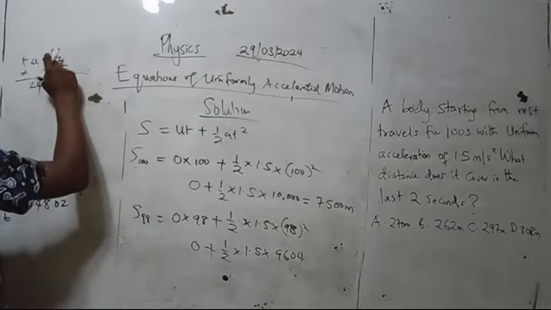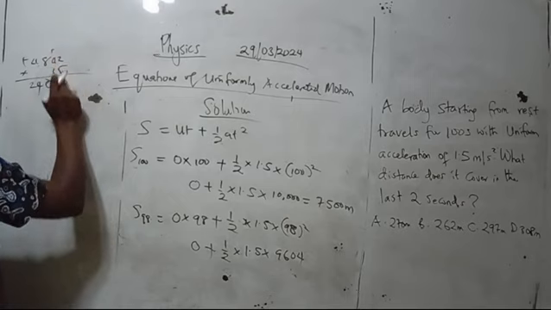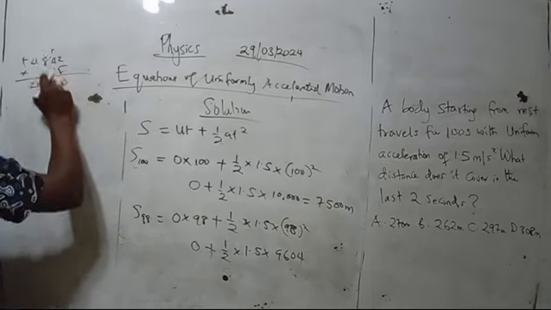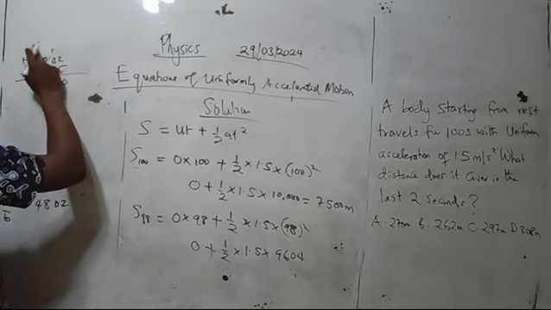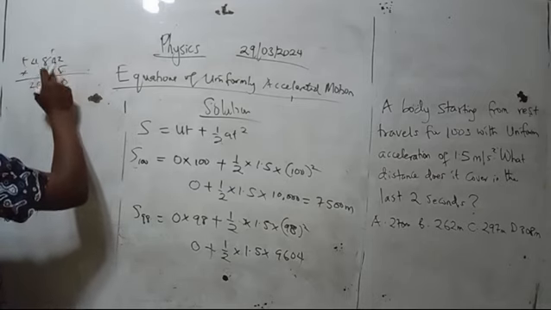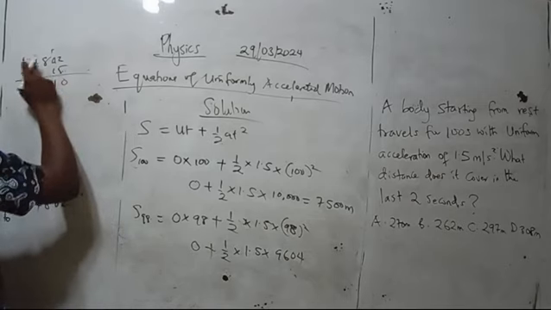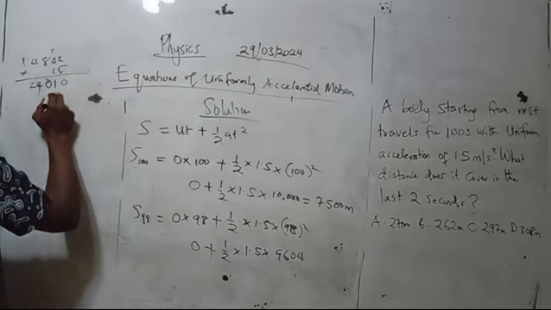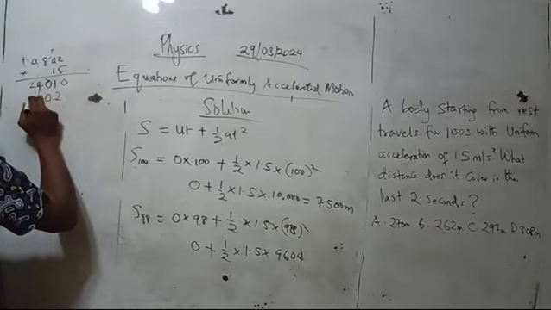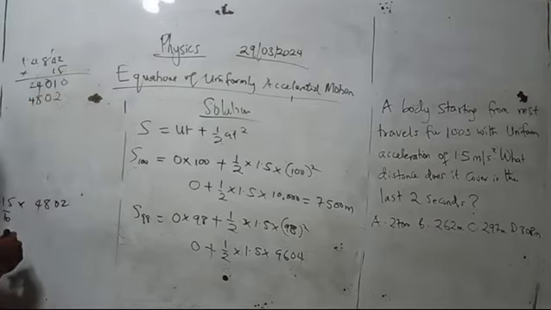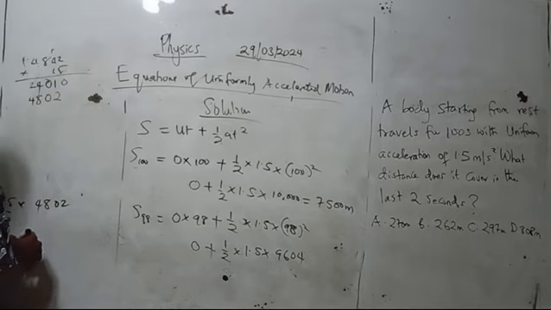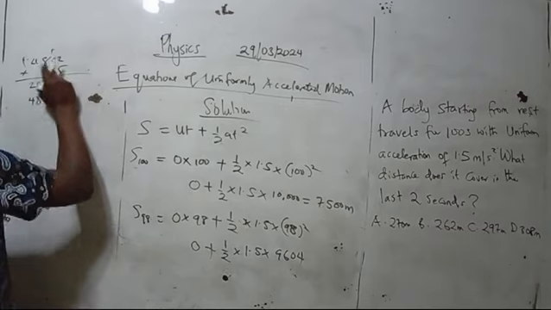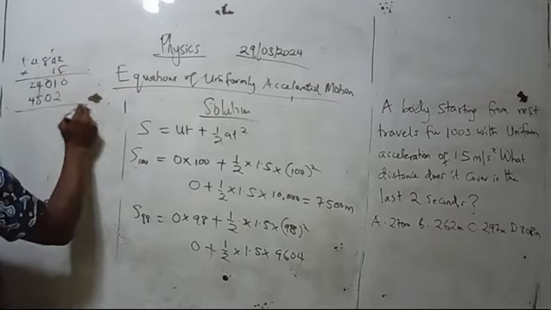So here is now 2, 0, 8, 4. I hope I'm correct.